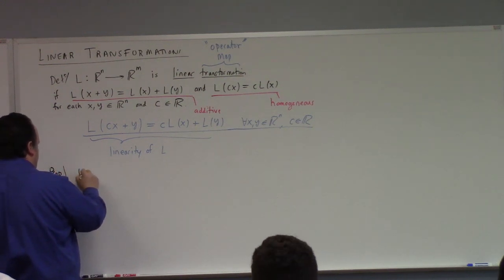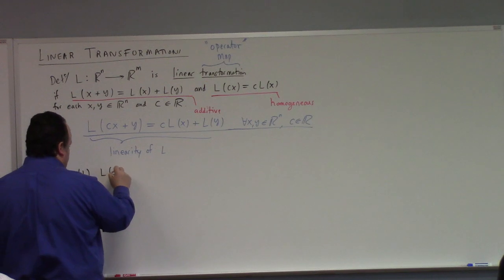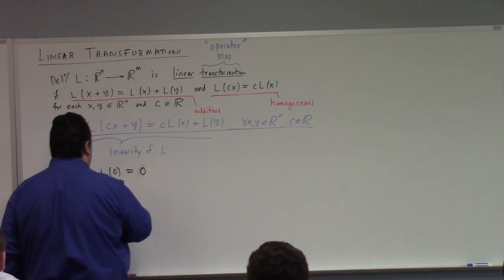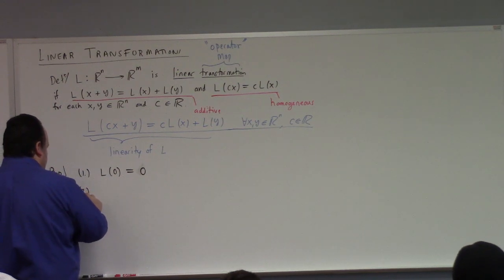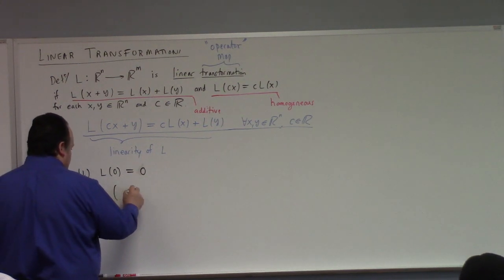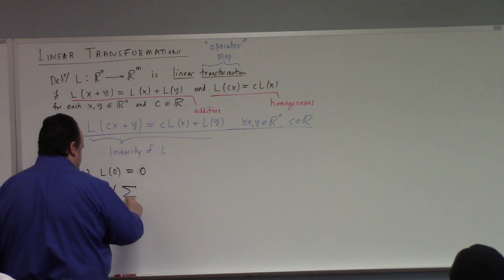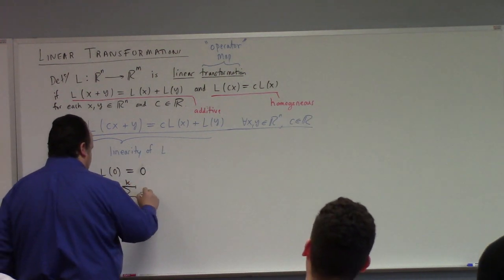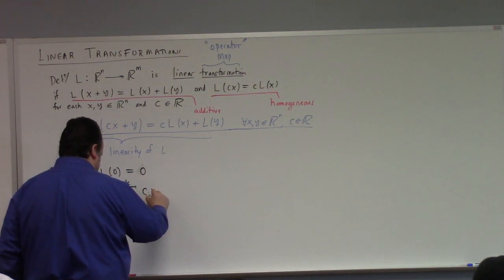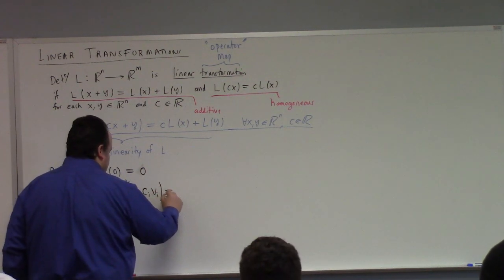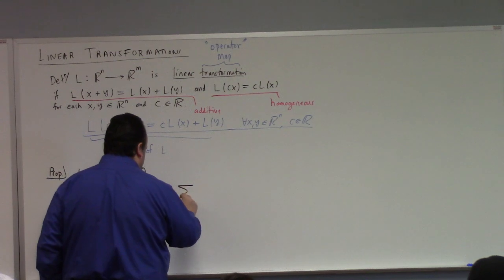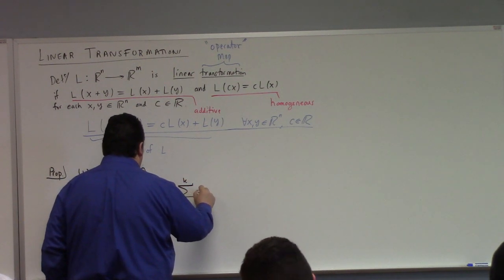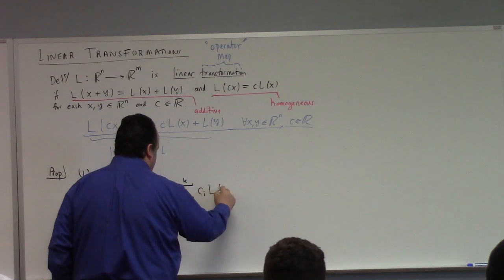One of the first things that comes to mind, of course, is a proposition. Number one, L of 0 is equal to 0. So a linear transformation maps 0 to 0. And number two, if we have a linear combination, the sum from i equals 1 to k of ci vi, then L of it is equal to the sum from i equals 1 to k of ci L of vi.